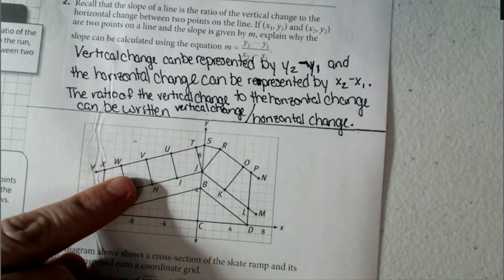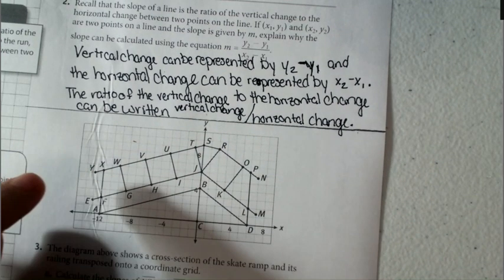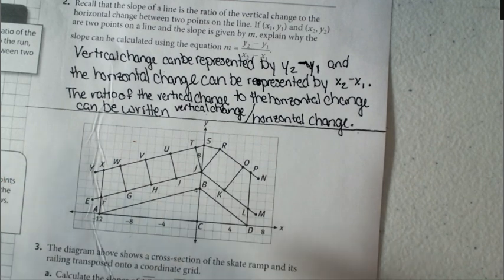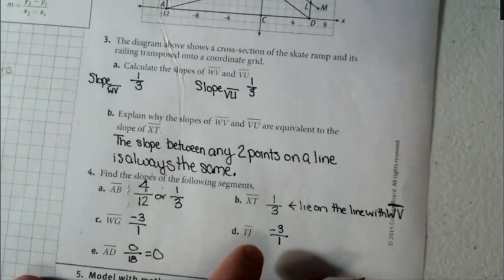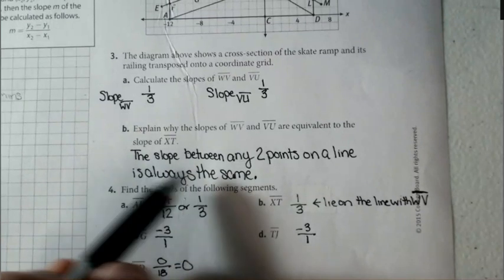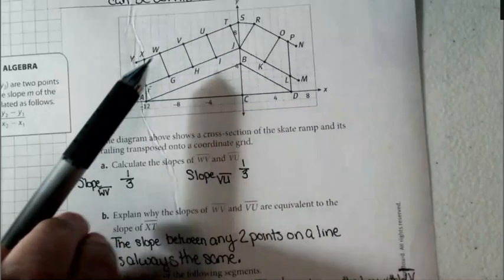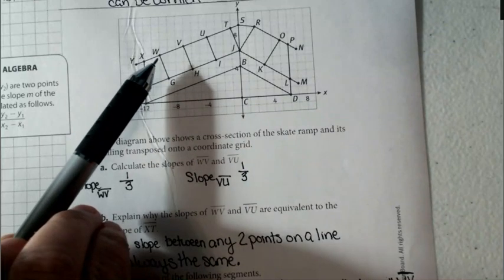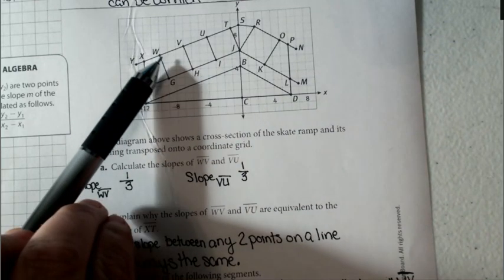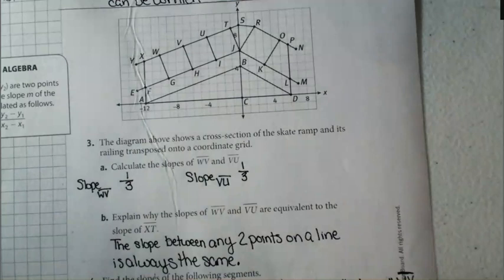All points that lie on the same line have the same slope between any 2 points on the line. So we can say that the slope between any 2 points on a line is always the same. So whether I'm looking at XW or XV or VT, they're all going to be the same because they all lie on that one line.